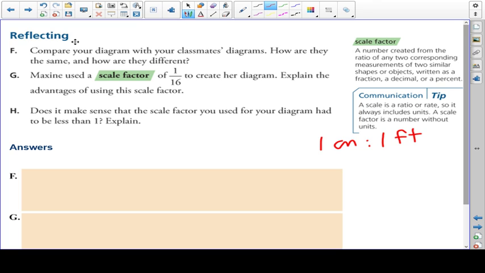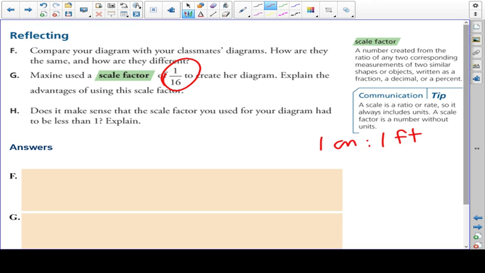So what the heck is a scale factor? If a scale factor is 1/16, say, what does that mean? That means that everything on your diagram is 1/16 the size of what it is in the real world.